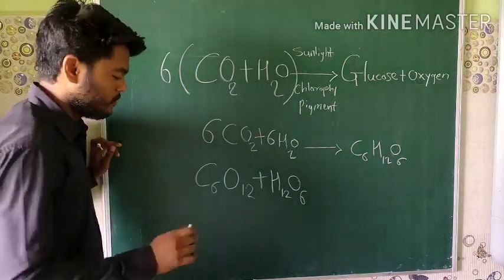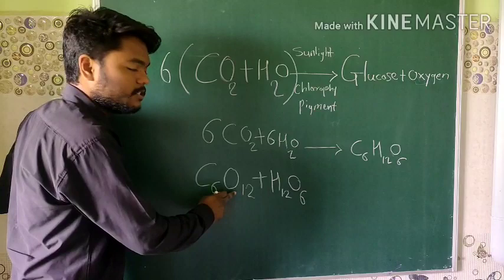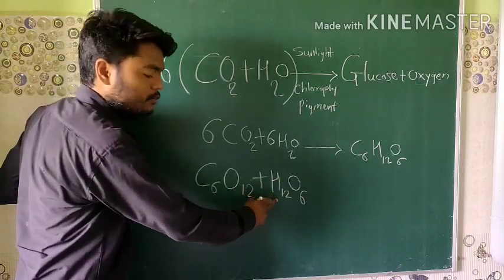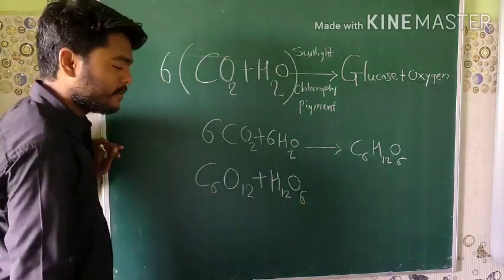So what do we get now? 6 carbon, oxygen 12, plus hydrogen 12, oxygen 6.